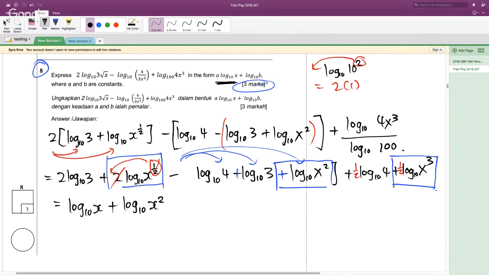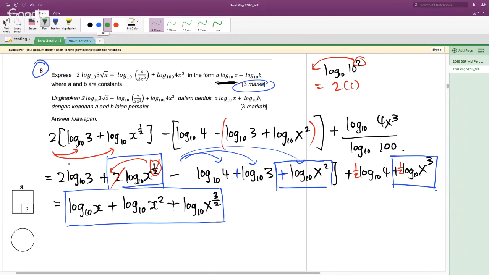Over here, this is plus 1 over 2. Of course, the 1 over 2 I can move to the top and it becomes a power. This is log 10x, and the 1 over 2 moves up and it just becomes 3 over 2. Okay, this is all the blue color things I do.